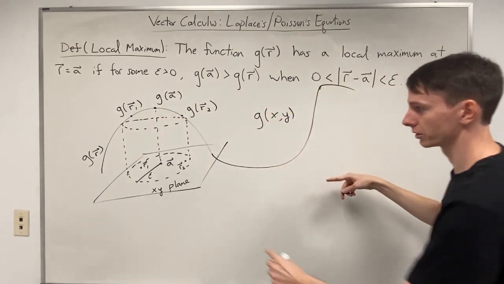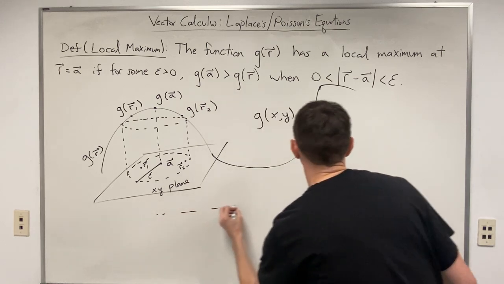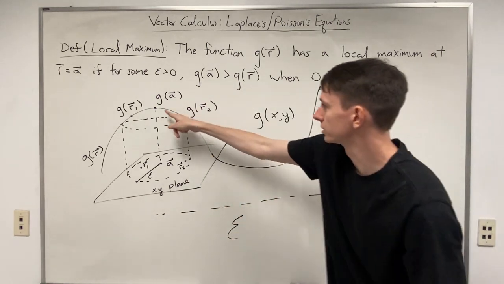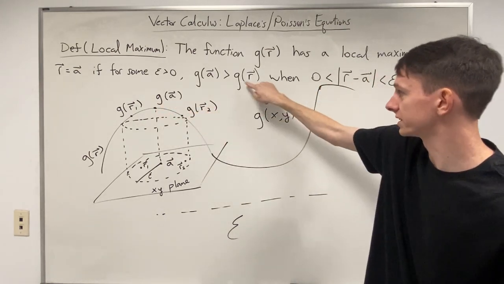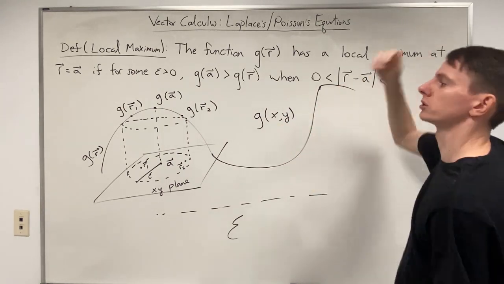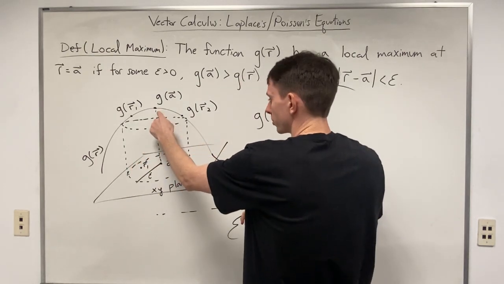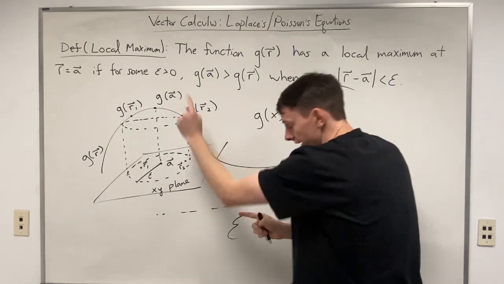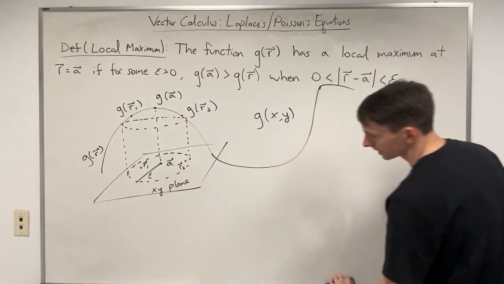If you were to pick epsilon, the radius, so that the radius extended out to here, you pick epsilon to be this big, this point is no longer the local max, because this point is higher. G of R is now greater than G of A, if you extend it out to here. So by saying for some epsilon, you're just saying that you can pick some neighborhood where this is the highest point. That doesn't guarantee it's the highest point if you pick a larger neighborhood necessarily. So that's the first point.